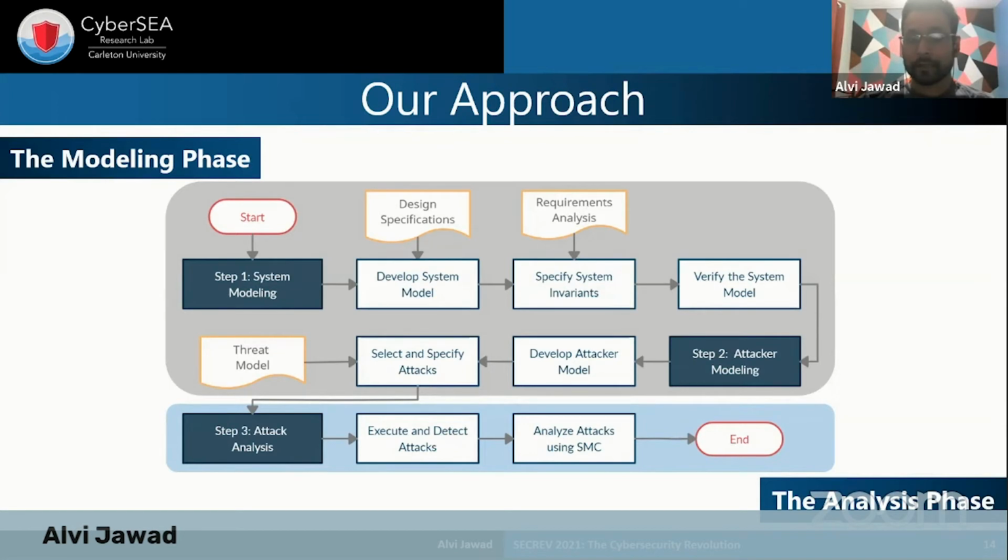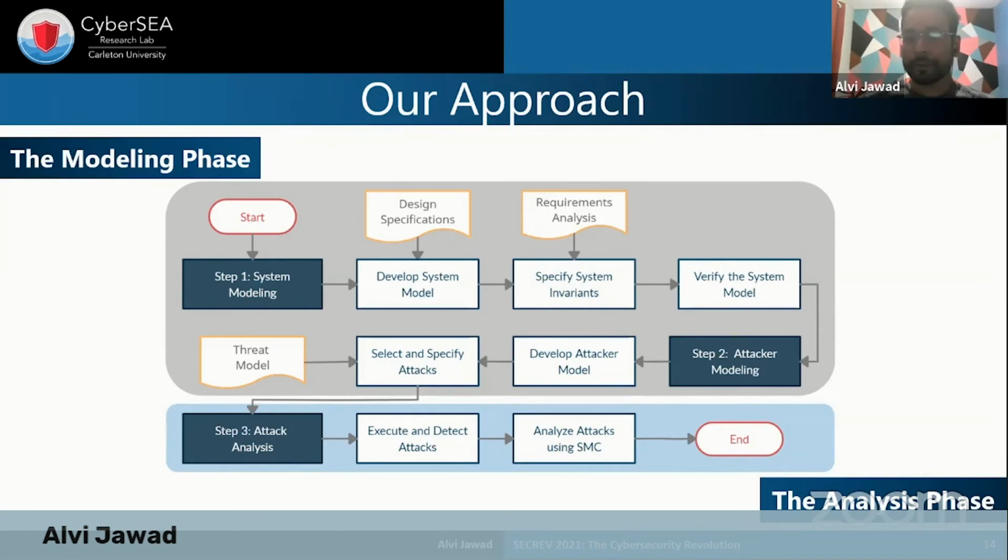And then again, this is also developed using timed automata. And then for that model, we specify the system invariants, the system properties that must be satisfied if the system were to operate safely and securely. And then we verify the system model to ensure that the system is working with regards to those system invariants.